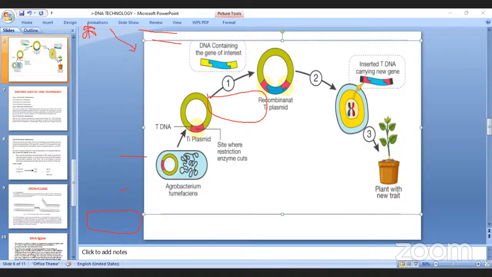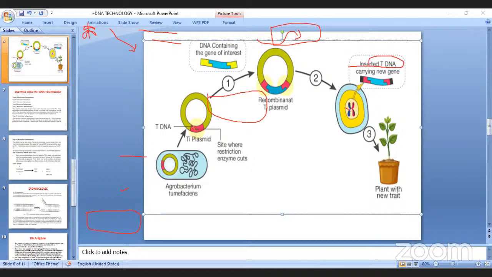Now this is introduced into another host cell, meaning another bacterium. After we get a number of cells, we select only the cells transforming the desired gene.